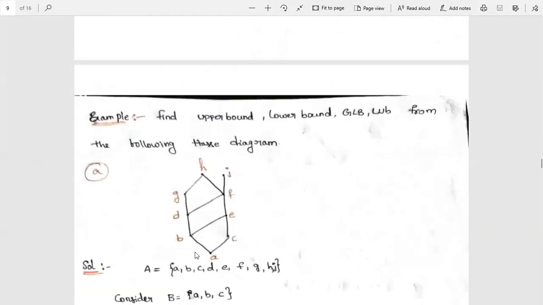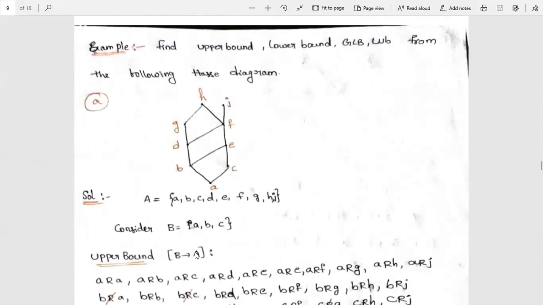Find the upper bound, lower bound, greatest lower bound, and least upper bound from the following Hasse diagram. We already took this example to calculate maximal element, minimal element, greatest element, and least element.